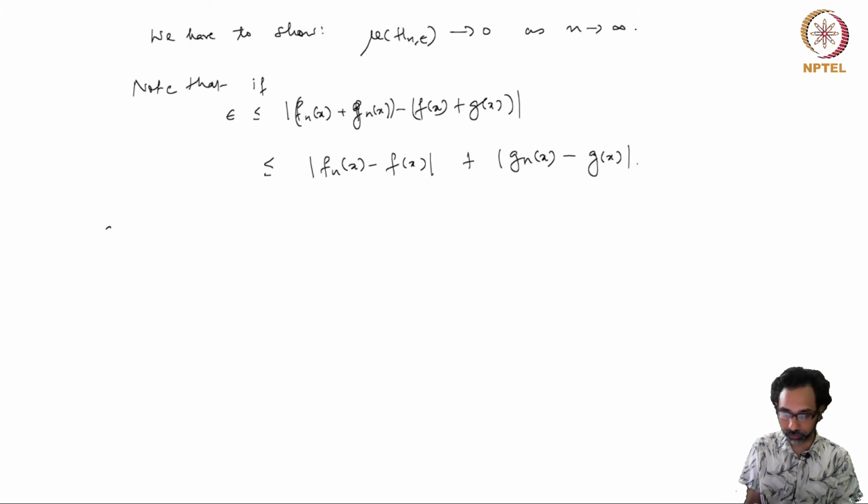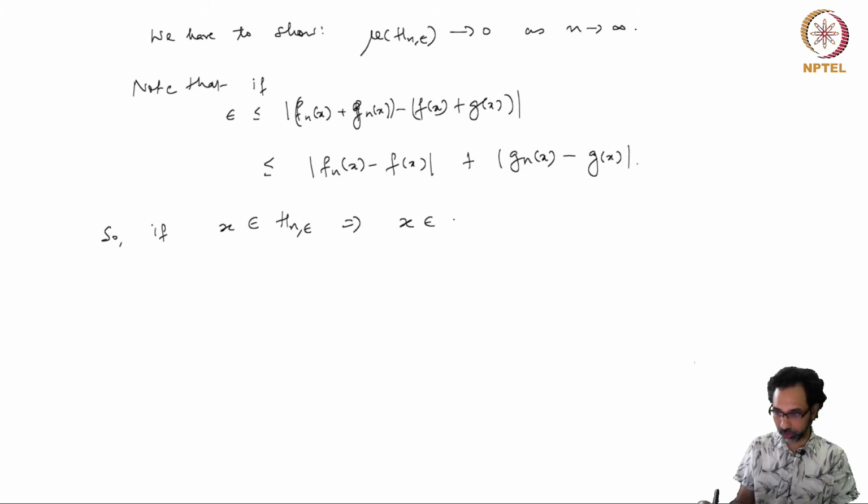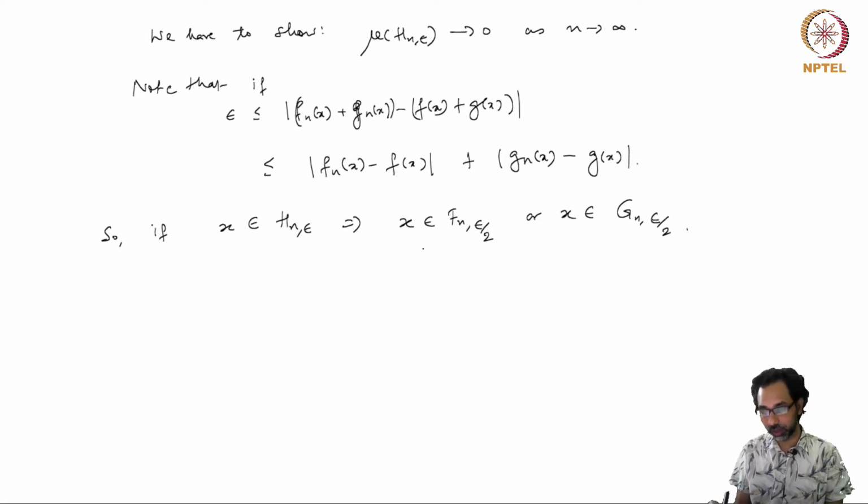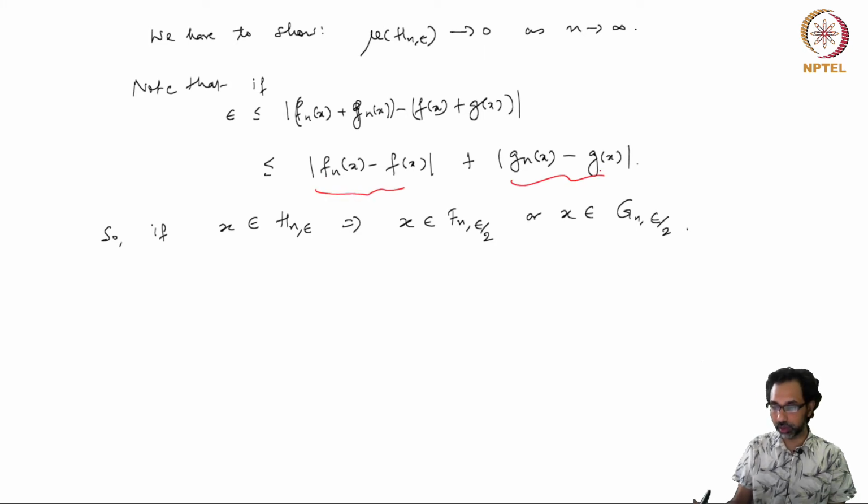So if x belongs to Hn epsilon, then by this inequality this implies that x belongs to either Fn epsilon by 2 or x belongs to Gn epsilon by 2, meaning that at least one of these terms is greater than or equal to epsilon by 2.